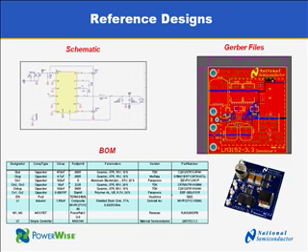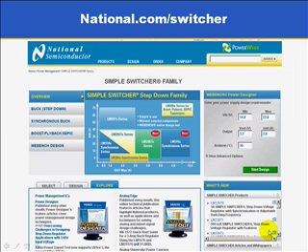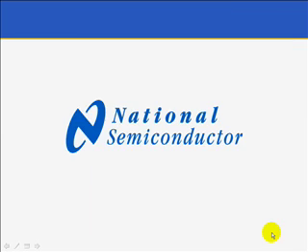If one of these fits your application, you can simply take the Gerber files and copy and paste it into your own design. To download datasheet or the Excel tools or anything else like an application note, simply go to national.com/switcher, the homepage of our Simple Switcher family.